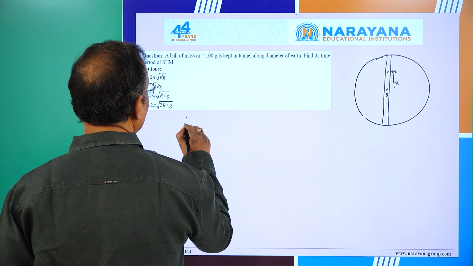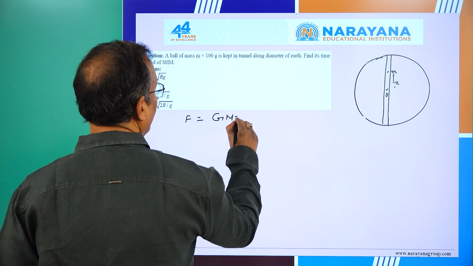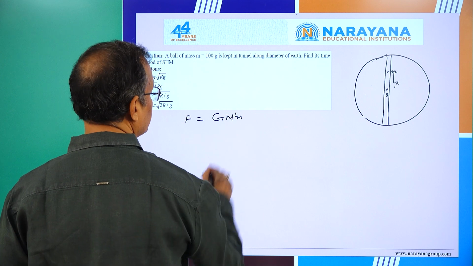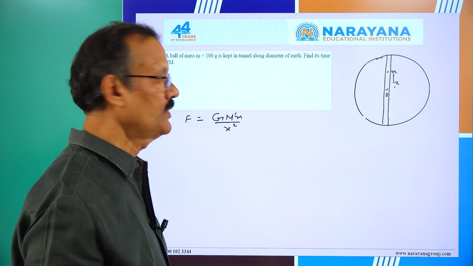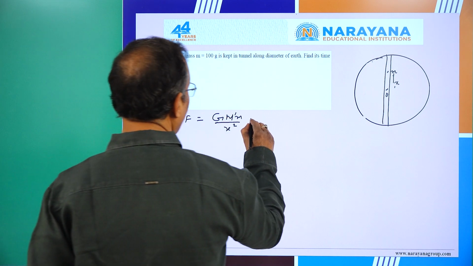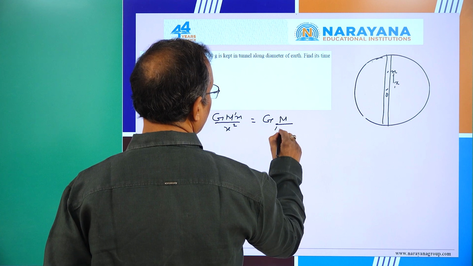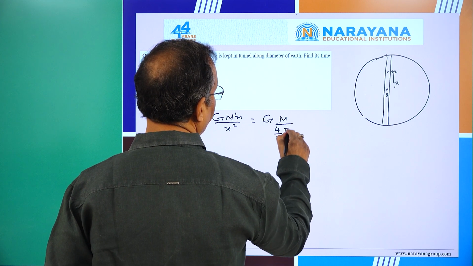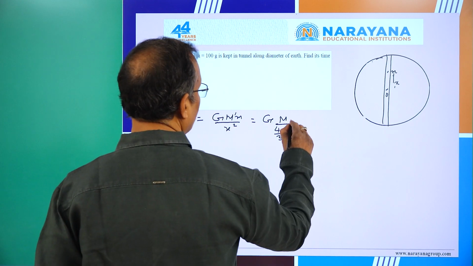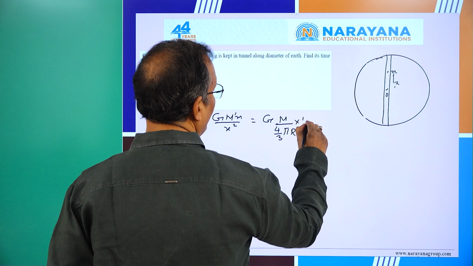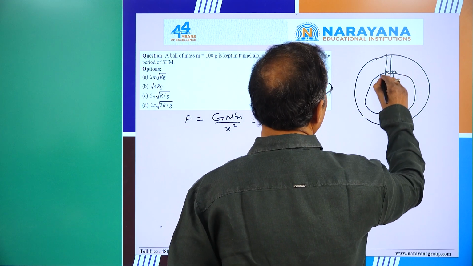Your F will be equal to G m, you take m dash by x squared. Clear to you? m dash is G mass by 4 by 3 pi r cube into the volume of this sphere you will be taking.